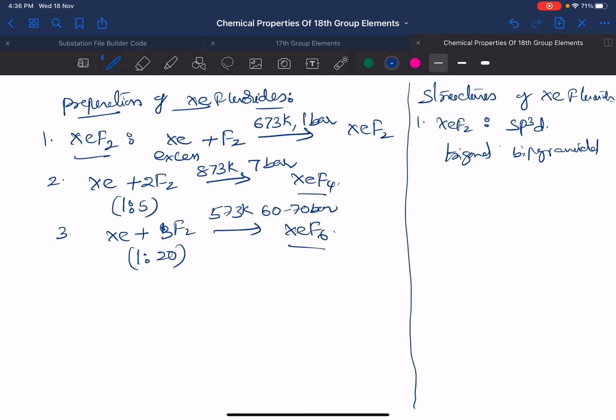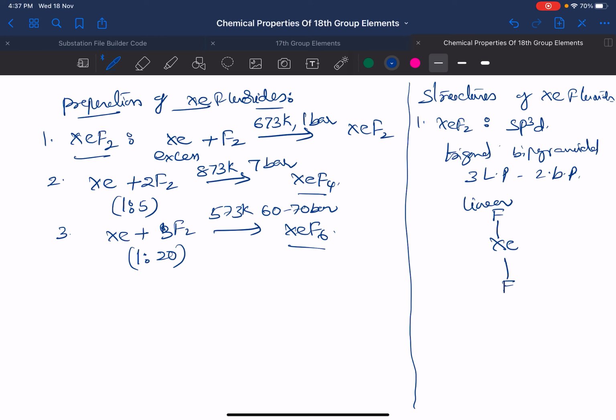Whereas xenon difluoride contains 3 lone pairs and 2 bond pairs. Due to the lone pair and bond pair repulsion, it goes to the linear shape. We will draw the structure of xenon difluoride.